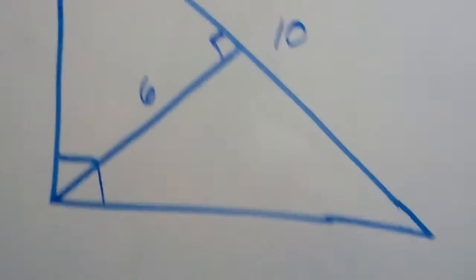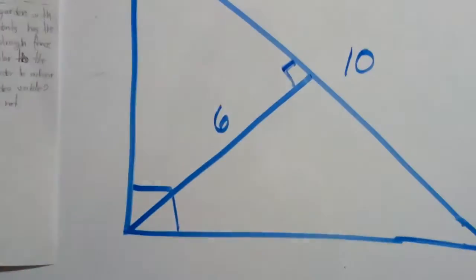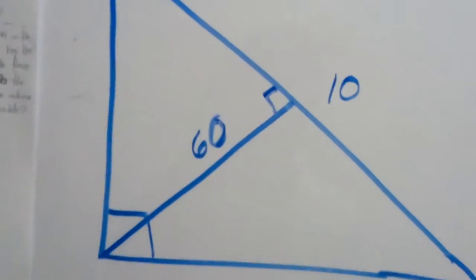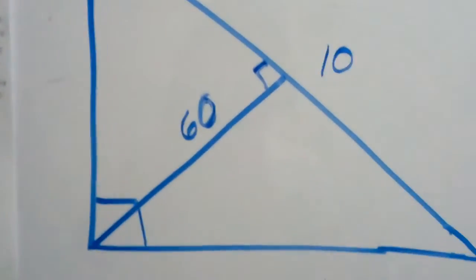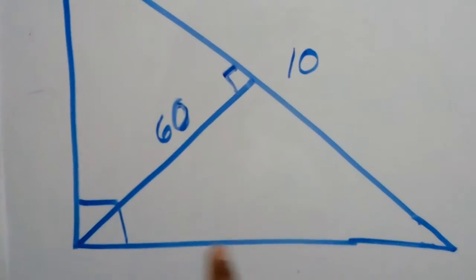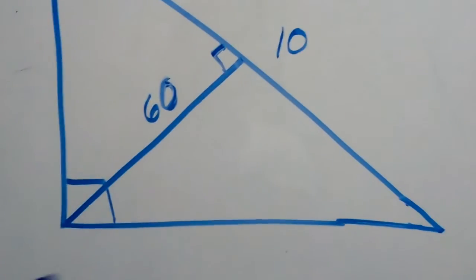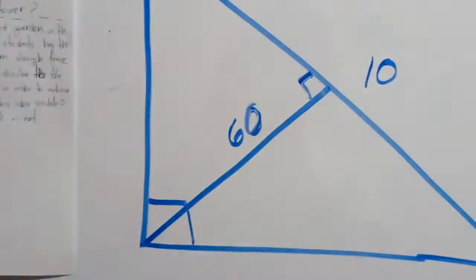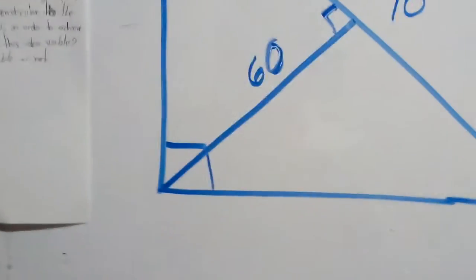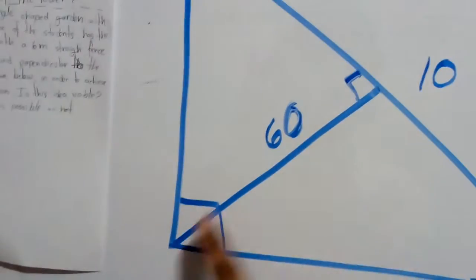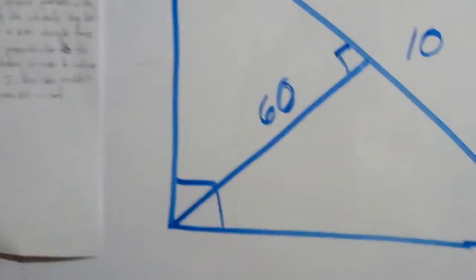I can put whatever number I want here. I can put, for example, 60. If I put 60, it's pretty obvious this is impossible, because if this is 10, the measure of this side must be less than 10, and this as well must be less than 10. So in Euclidean geometry, the length of this side cannot be 60.